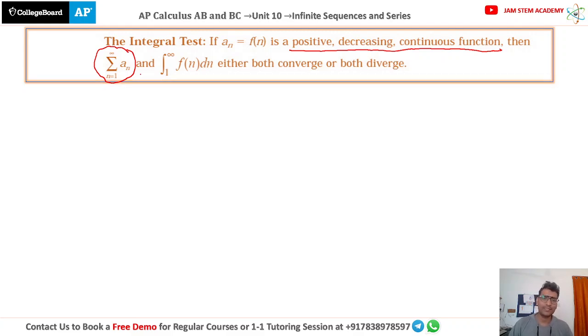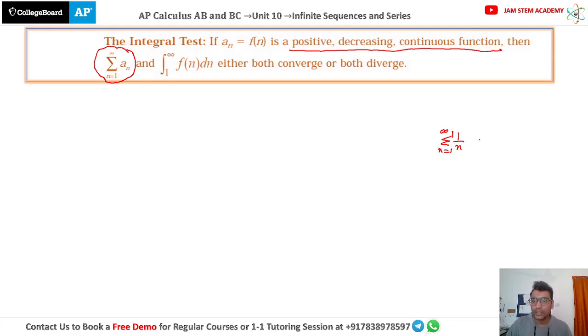So let's look at a question first. Let's start with 1 by n only, where n starts from 1 to infinity. Is it positive? Yes, it is. It is decreasing in nature, because 1 by 1, 1 by 2, 1 by 3, 1 by 4, 1 by 5 keeps decreasing. It is continuous as well.